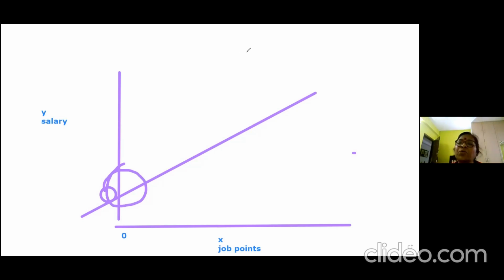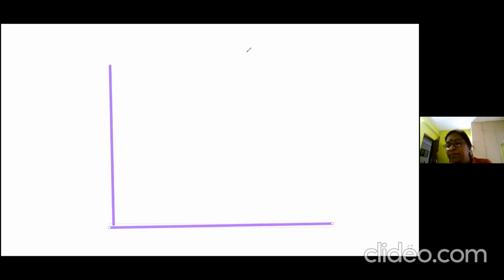Okay, now let's go to slope. Again, this being your y-axis, which is salary, and this being your x-axis, which is your points.